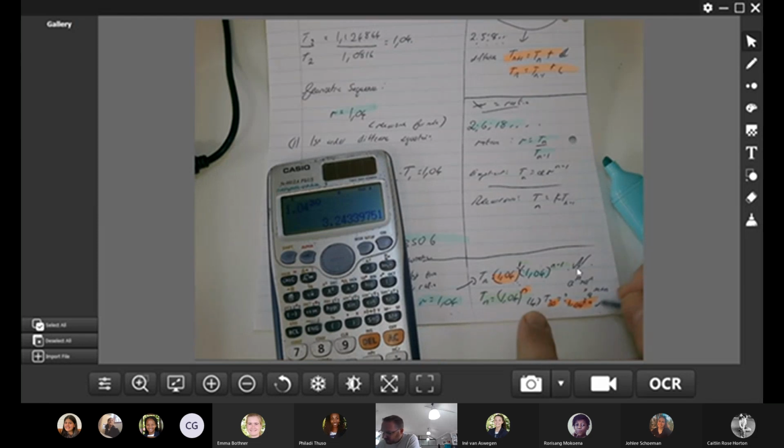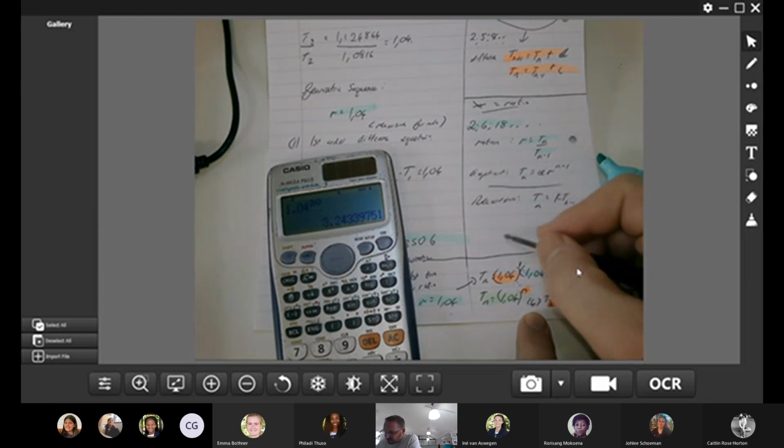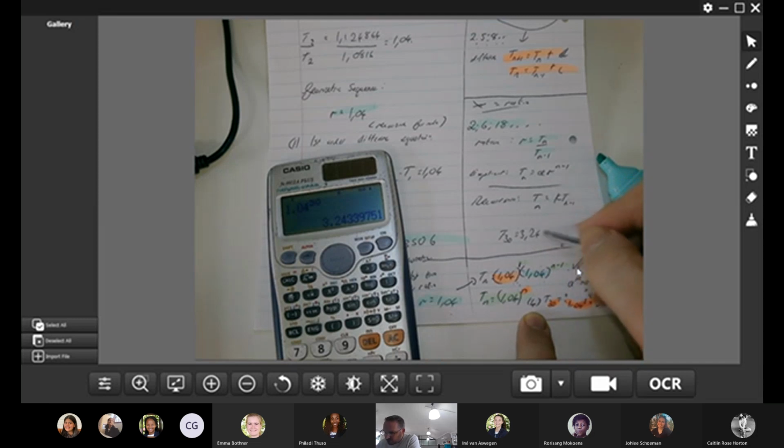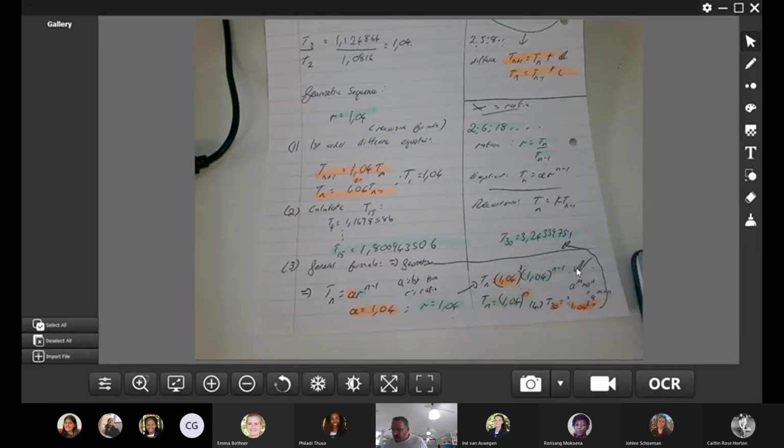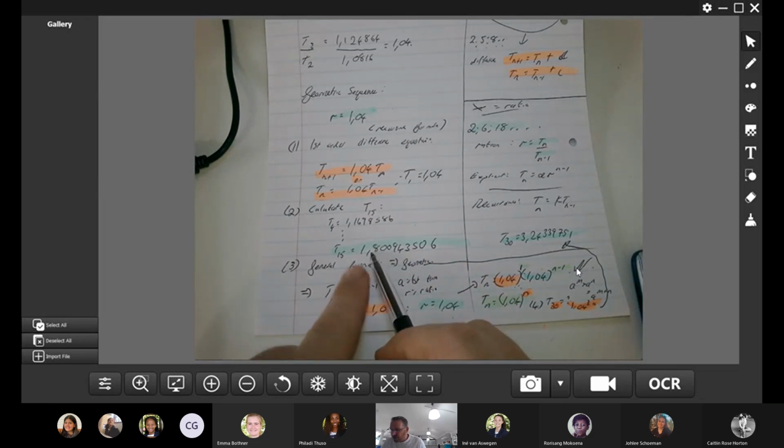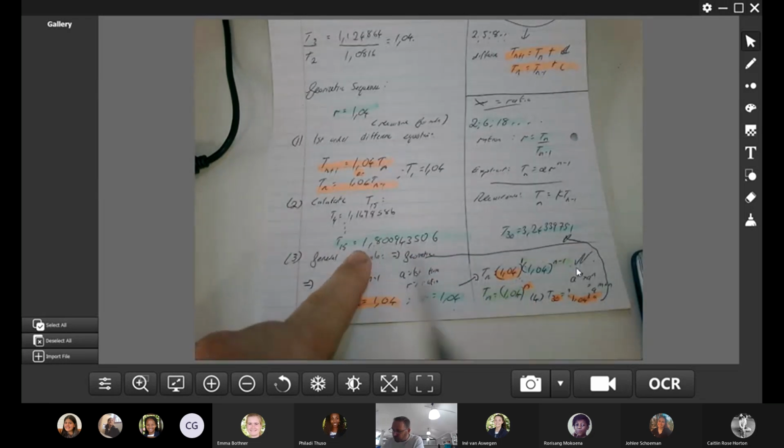You get 3.243. So I'm going to just write the answer over there. Your final answer is, term 30 is 3.24339751. Actually, what I want to show you is that in part 2, we worked out the value of term 15 using the recursive formula.